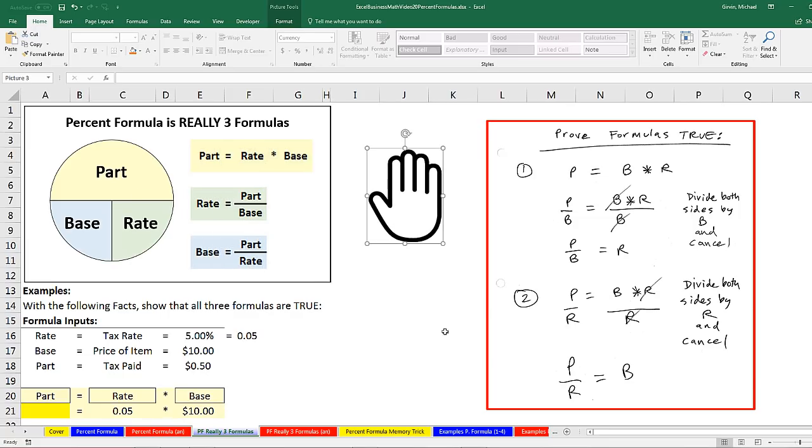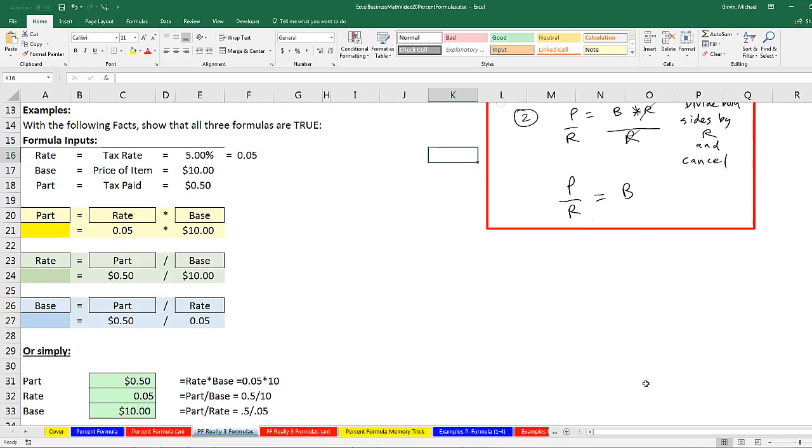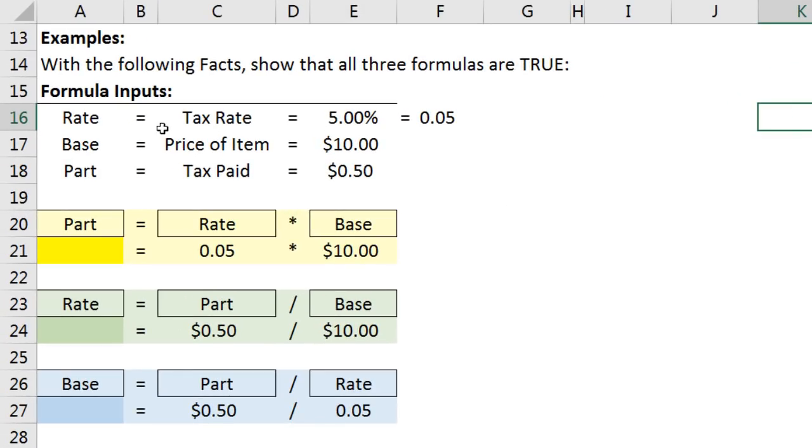Now, even if we didn't see that these were true, we could sort of prove to ourselves with a simple example. Tax rate, 5% or 0.05. Price of the item, 10 bucks, and the tax paid 50 cents. If we know these are all true, we could just test each formula. So part is equal to rate times base. I better get 50 cents, and sure enough, I do. Now, I can solve for the rate.